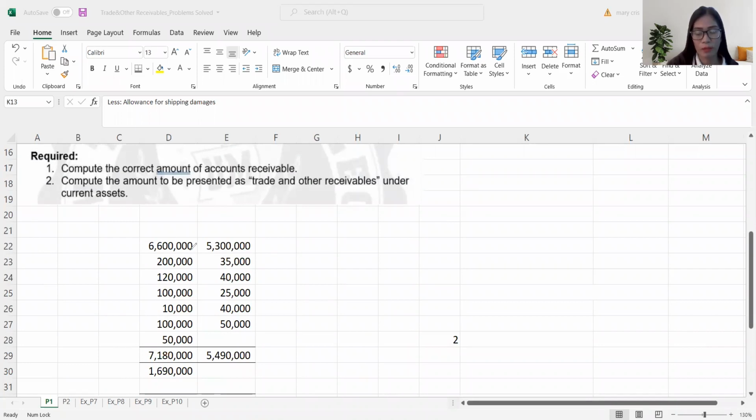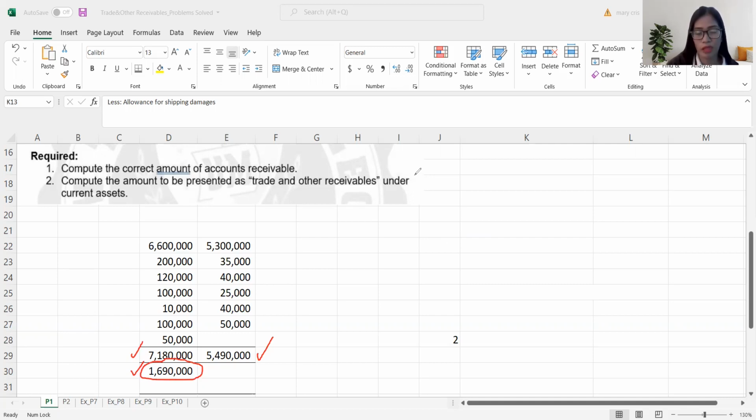I have here a computation in Excel. I have plotted all of the amounts under the debit side. It totaled 7,180,000. And I have here the amounts under the credit side, a total of 5,490,000. If I offset the debits and the credits, then we'll have an accounts receivable balance amounting to 1,690,000.